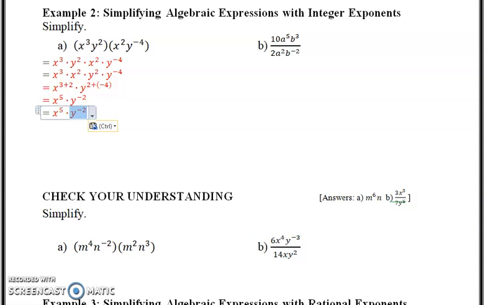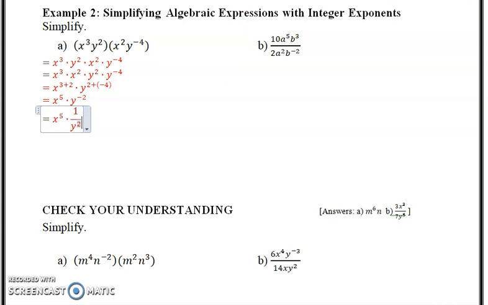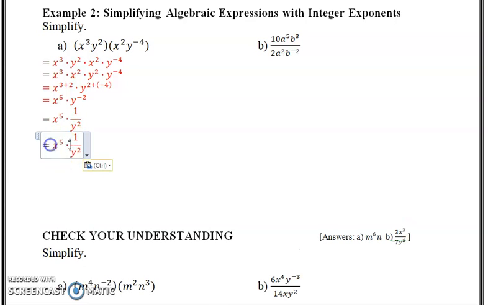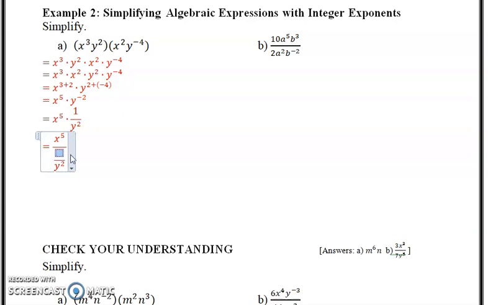So I'm going to do this again step by step. Some of these steps you'll be able to skip once you get the hang of this a little better. And then we can write this as a quotient, and we divide that. So that goes in there.